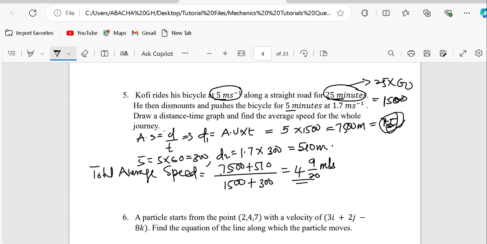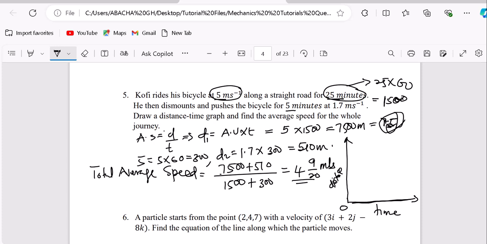But they are saying that we should draw a distance-time graph. So we just draw a graph like this. Here is your distance, and this is the time. Here is 0.